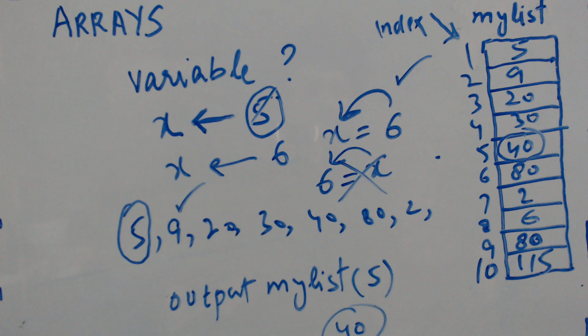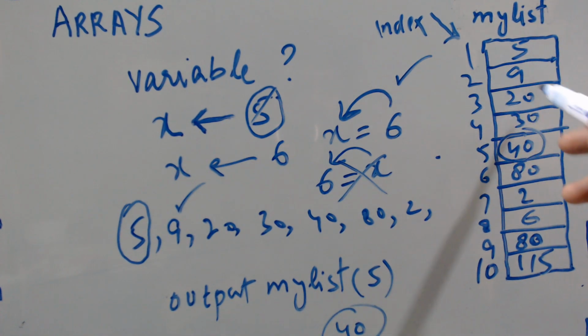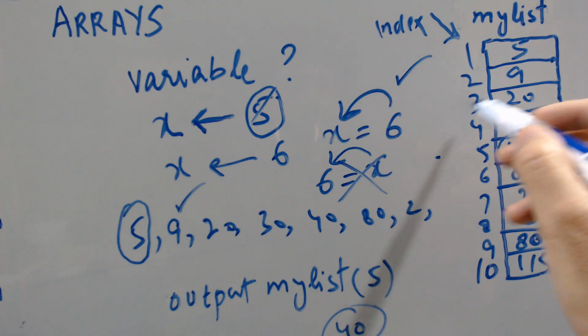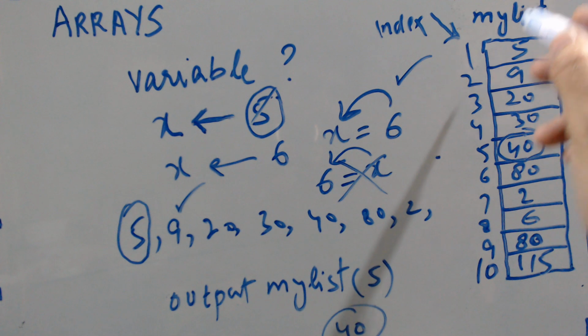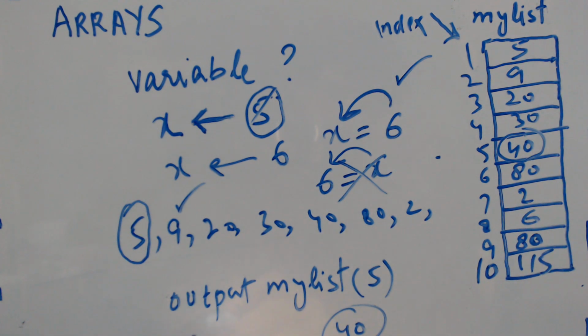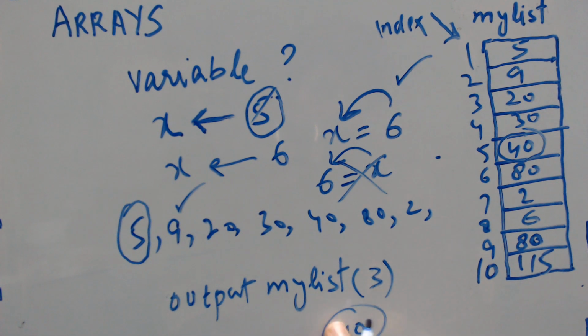If you want to access any other value, like you want to see any value like 20, that is on the 3rd position. Again you will use the name of the array with its index, so this time you will output my list 3. So now this time the value 20 will be displayed. This is how we can access the individual elements.